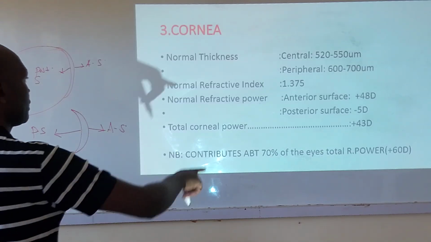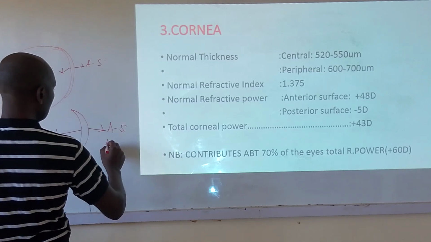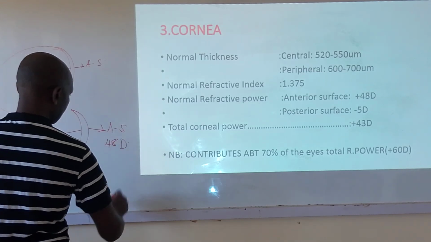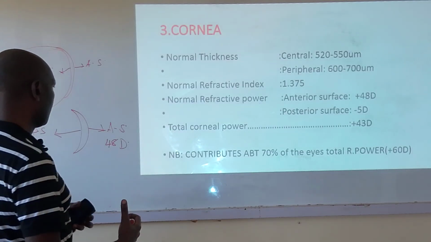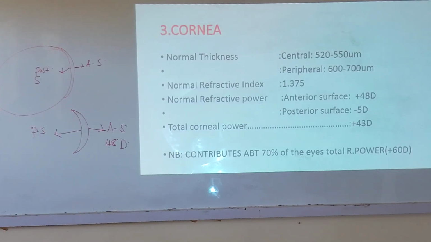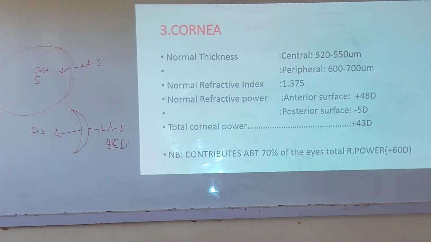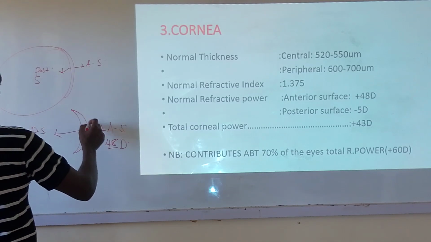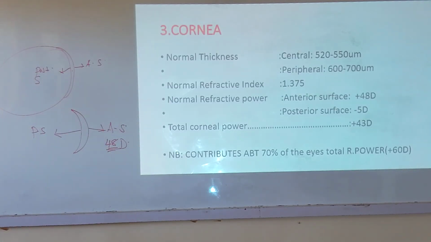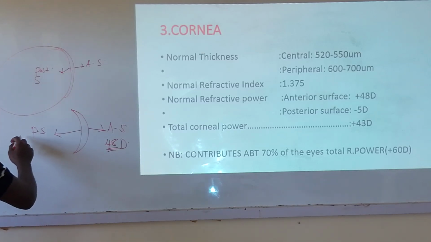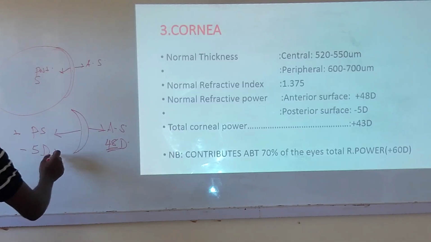So the anterior surface of the cornea, its refractive power, is 48 diopters. Remember, refractive power, we said, is the ability, the power to bend light. How much do you bend that light? It's measured in diopters. So the anterior aspect of the cornea has a refractive power of 48 diopters, while the posterior surface has about -5 diopters.